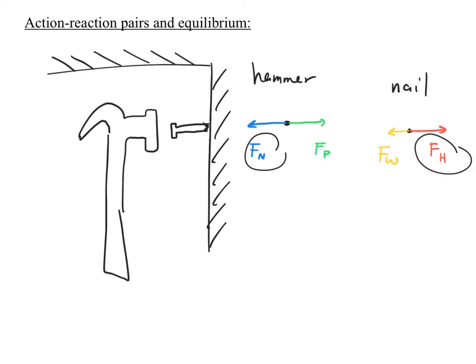FW and FP are external forces outside of the action-reaction pair. But FH and Fn are equal and opposite to each other. Guaranteed, they have to be. Their values are the same, but they're in opposite directions. That's the whole concept of Newton's third law.